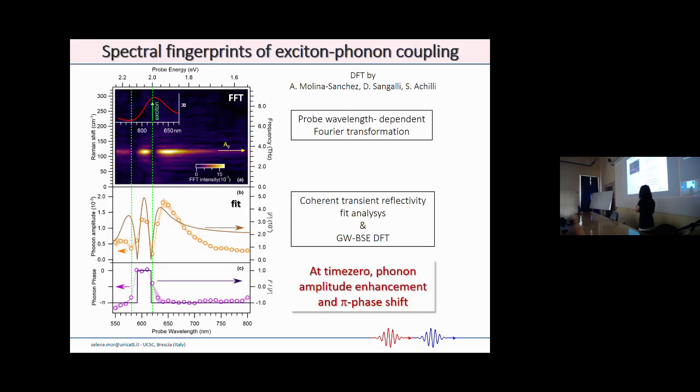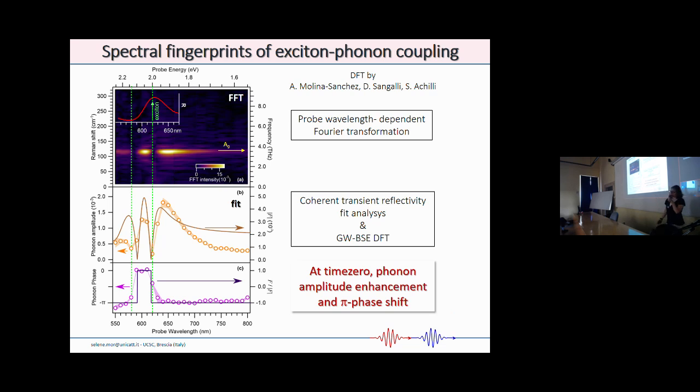Here is the result. You can see nice agreement between the evolution of the phonon amplitude over probe wavelengths in the experiment and the calculation, which also reproduces both the enhancement and the nodes at the expected positions over the probe wavelength range.